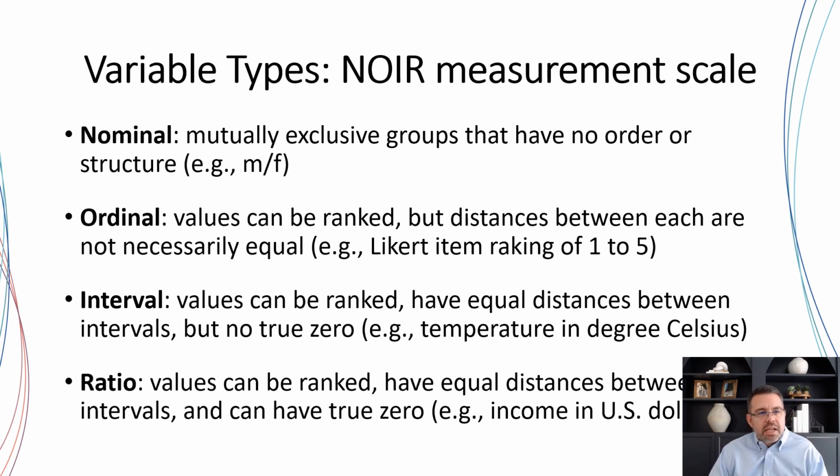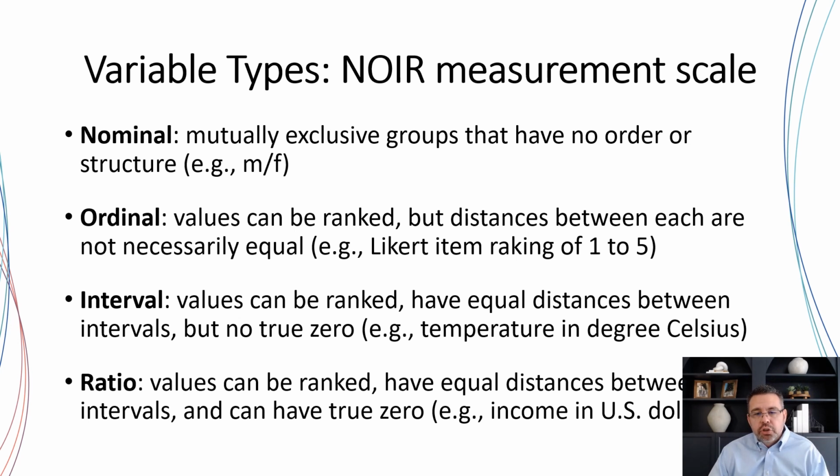And so these are nominal, ordinal, interval, and ratio, right? So NOIR is a good way to try to remember these names. So what are nominal variables? Nominal variables are essentially our most simple type of variable.